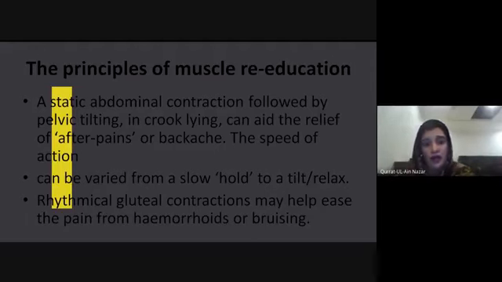So there are some positions which improve the comfort level of the women, and these are side lying, prawn lying, crook lying, sitting, and standing positions.